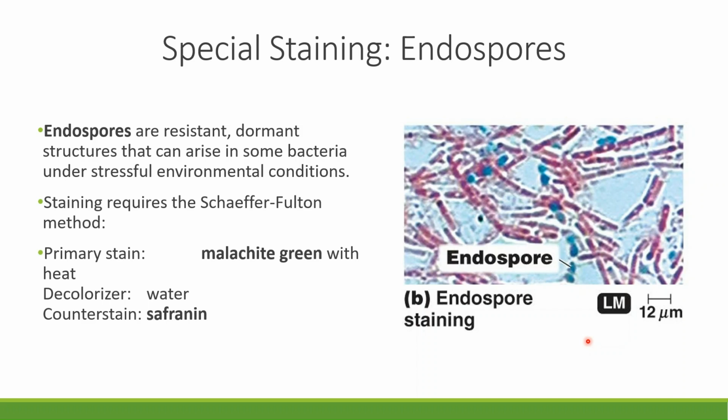The consequence of which, as you can see in the image, is that the endospore sustains a green color from the malachite green, which is held during the decolorization and counterstaining process. And the counterstain should dye cells that are not endospores a pinkish color.